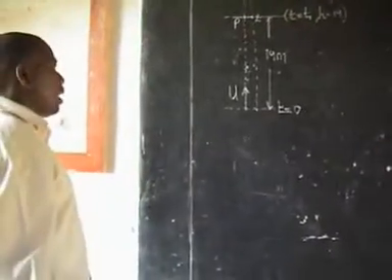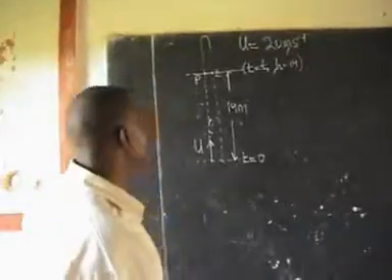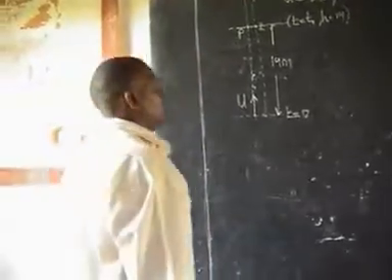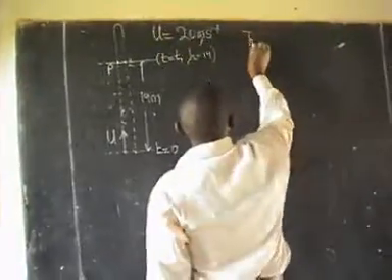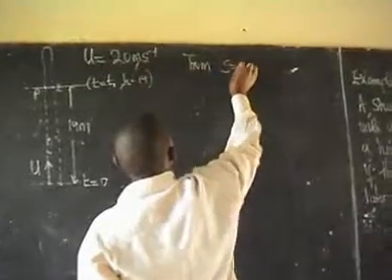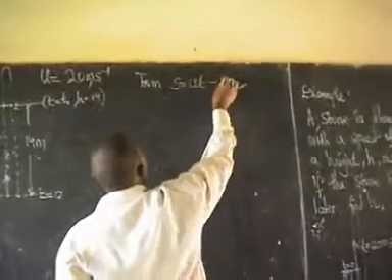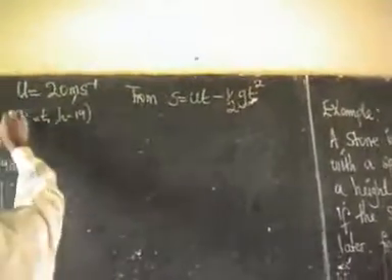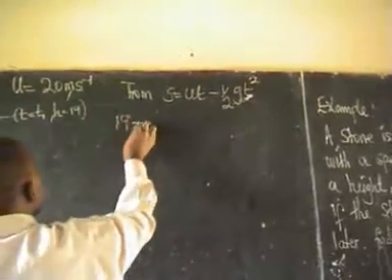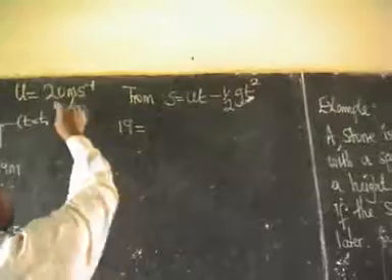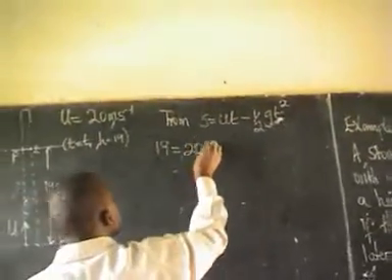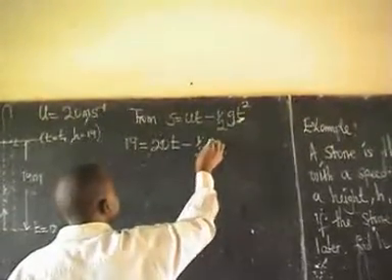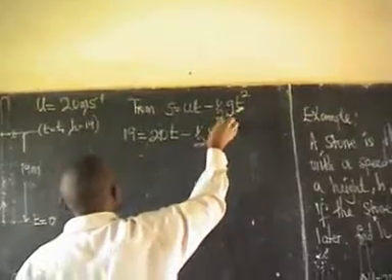So we are now going to apply the second equation to see how we can make it produce those two values of t. So from s is equal to ut minus a half g t squared, now 19 is equal to the initial, which is 20, t minus a half g t squared.